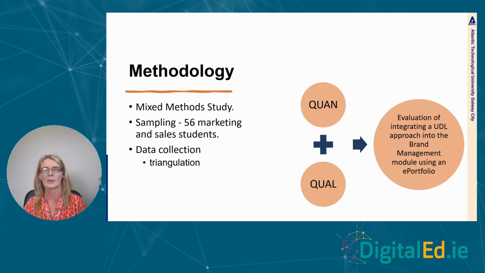I started with a needs analysis questionnaire, and I followed up with four shorter questionnaires in relation to the ePortfolio tasks. I analysed the results from those, and that formed the basis for the qualitative research, the focus group that I carried out and the personal interviews with students after that.